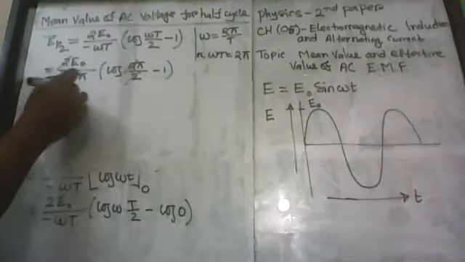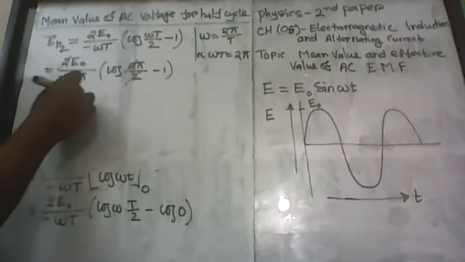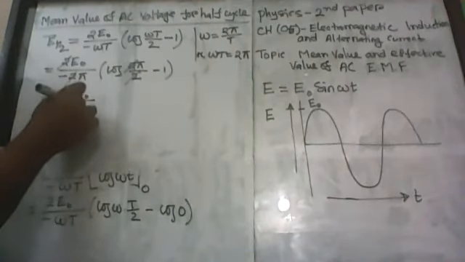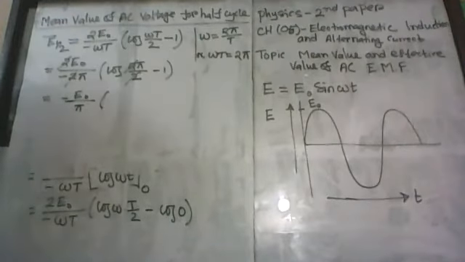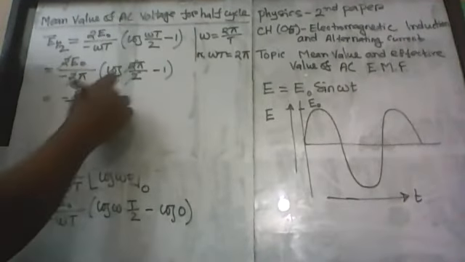So it is minus E naught divided by pi, and cos pi. In the bracket here it is cos pi. You know the value of cos pi will equal minus 1.